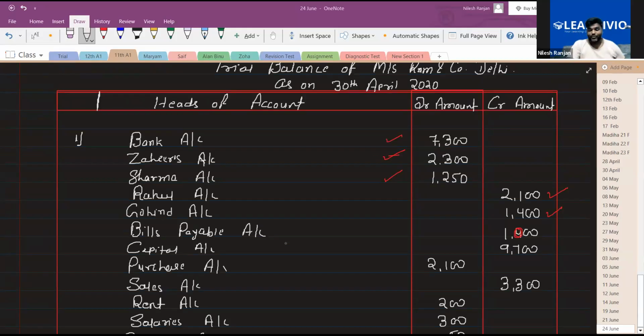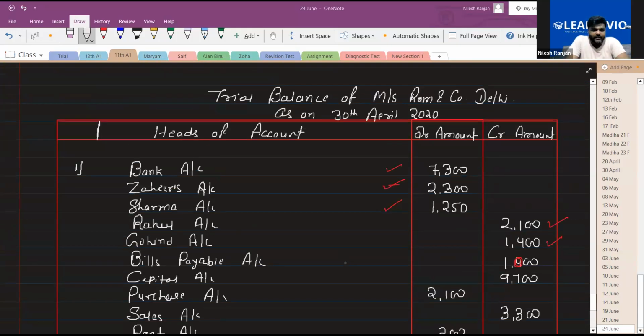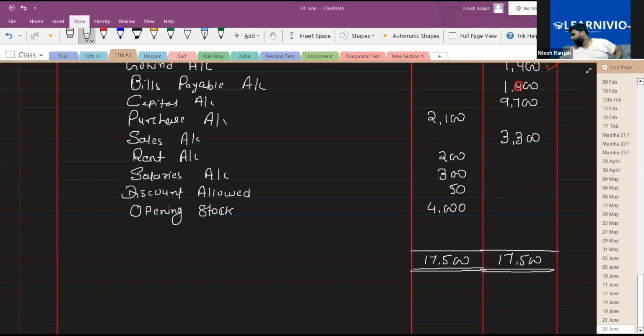So journal and ledger should be prepared very carefully. Then you will be able to match your balance and trial balance. In the trial balance chapter, most of the questions are simply balances. You just have to write it on any one side.